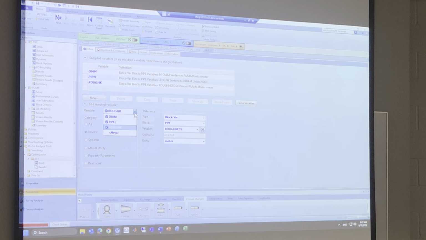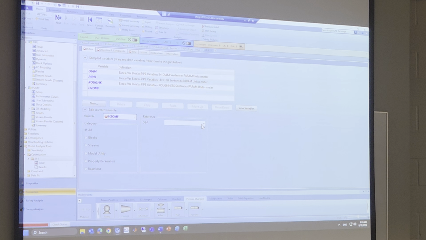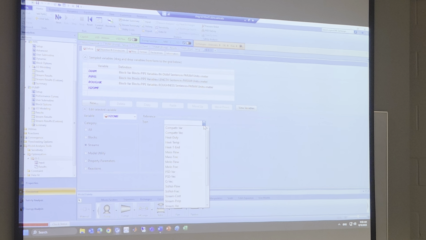Okay. So far so good. Next variable is what? Called M. So I can name it H2O mass flow maybe. H2O mass flow is a stream variable, so I choose stream. Mass flow, not mass pressure.